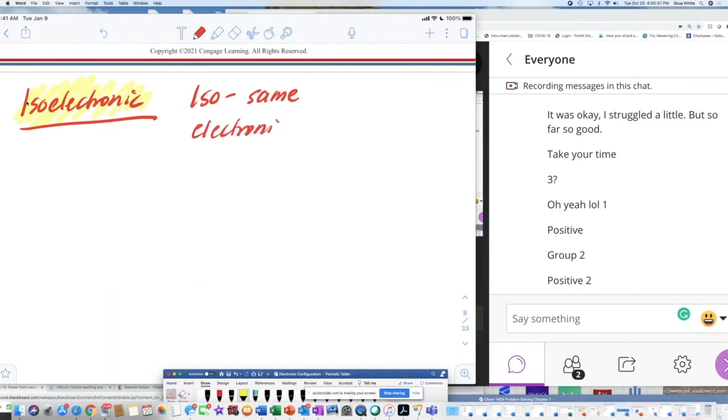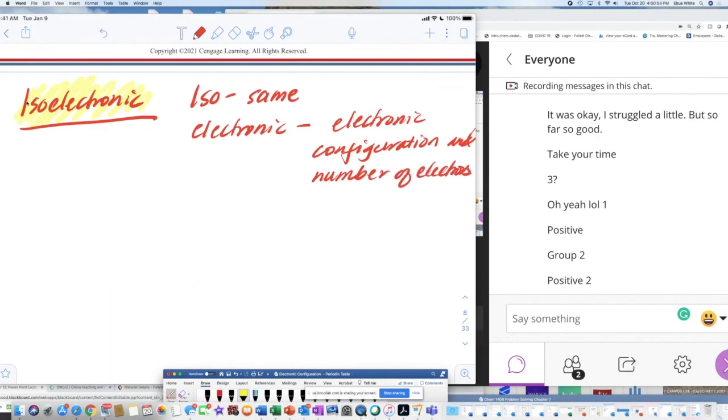Electronic is referring to electronic configuration and number of electrons. So let's examine that before we look at the actual electronic configuration.